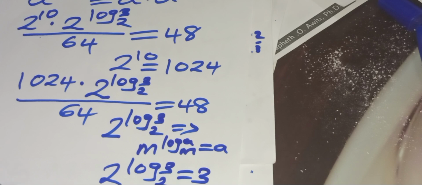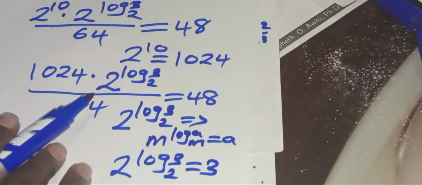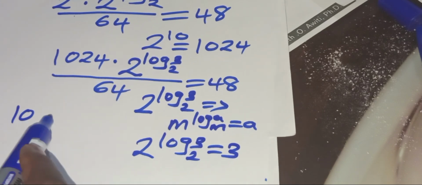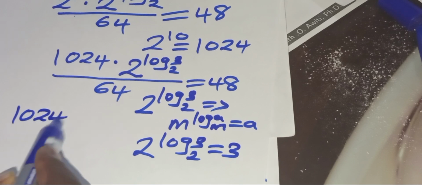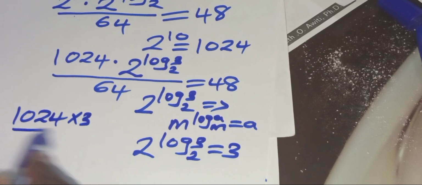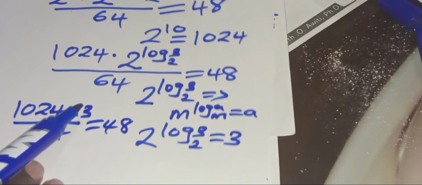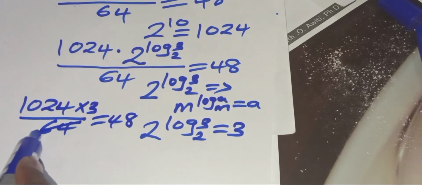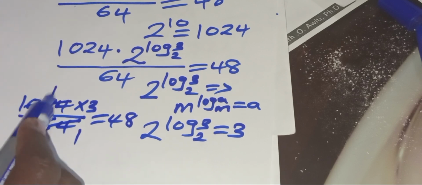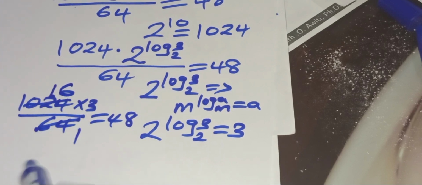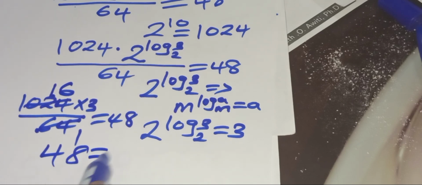Let's substitute this. We'll have 1024 times 3 divided by 64. This should be equal to 48. So if you simplify, 1024 divided by 64 is equal to 16. So 16 times 3 is equal to 48.